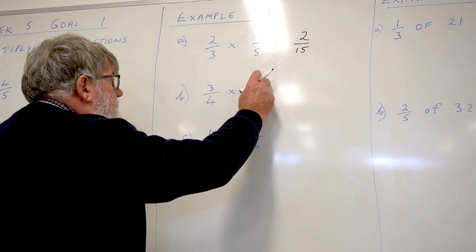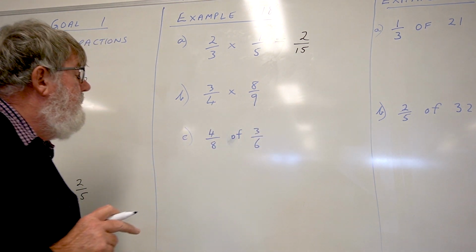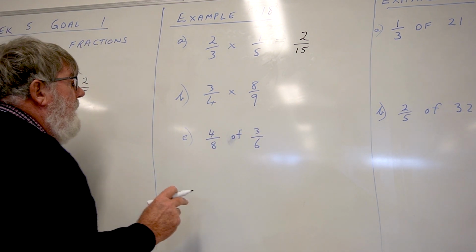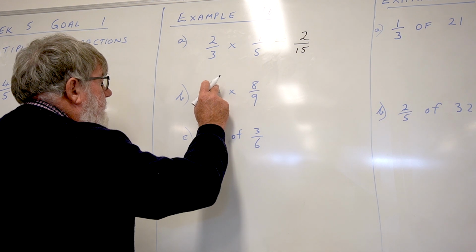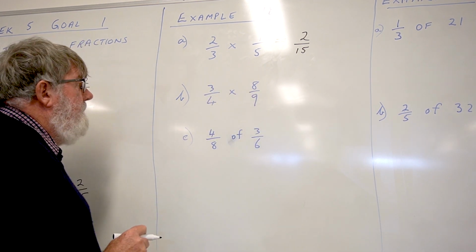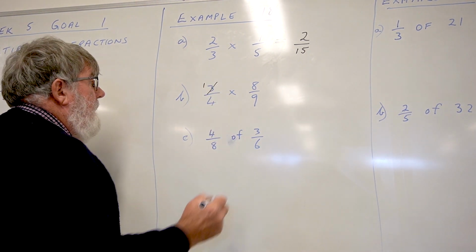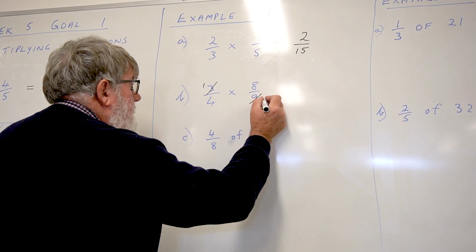Let's have a look at our second one, example 18b. 3 and 8 on the top line, 4 and 9 on the bottom line. We do have some common factors here. For example, 3 is a factor of 3 and is a factor of 9. So we divide. How many 3's in 3? 1. How many 3's in 9? 3.